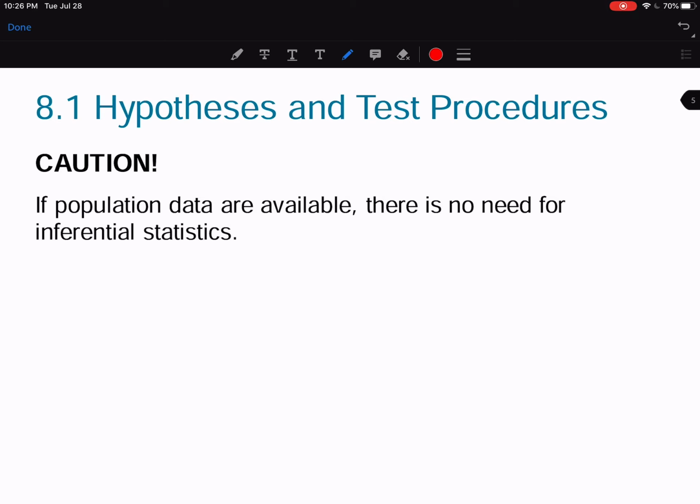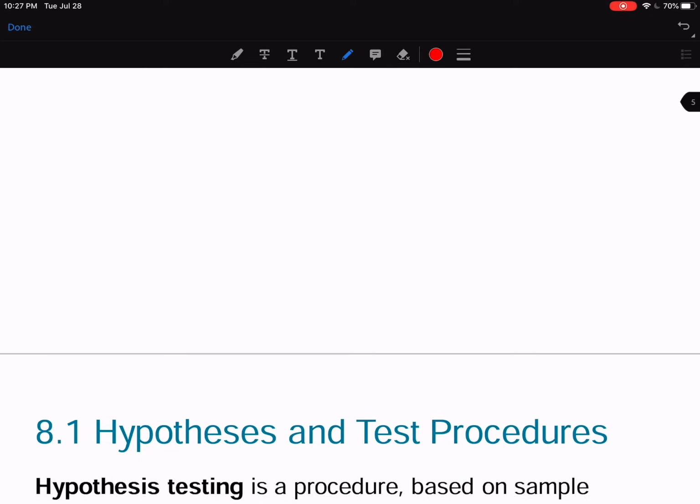If we were able to access the whole population, we could just go ahead to the calculation directly, right? Based on the formulas we learned in chapter 1. So the reason we are doing hypothesis testing or estimating the parameter here is that we're not able to access the population data.